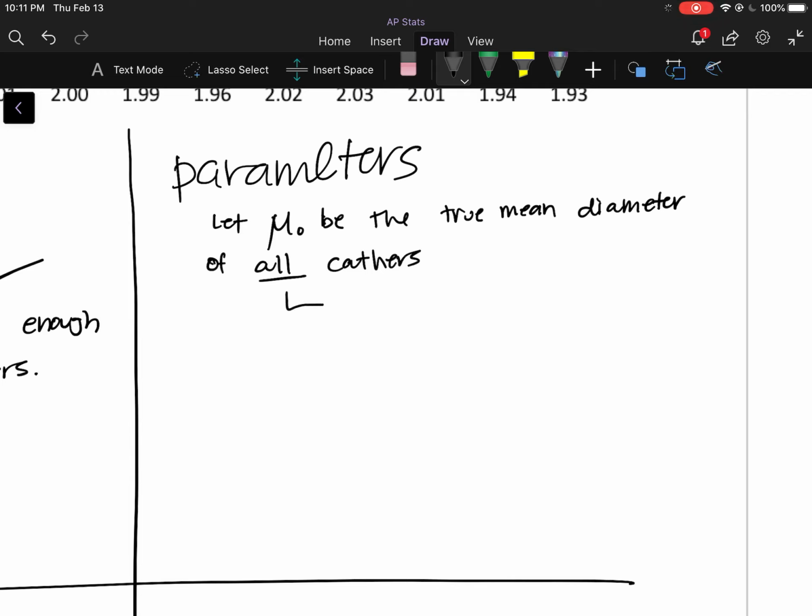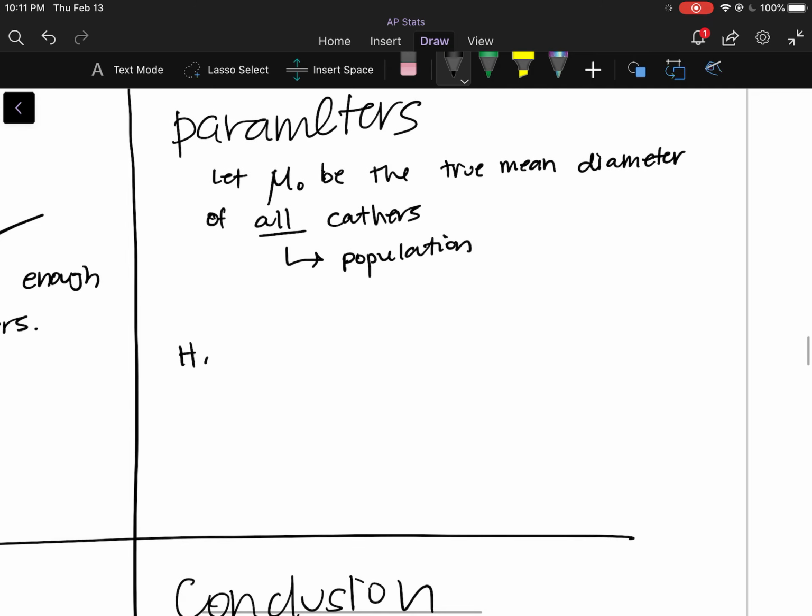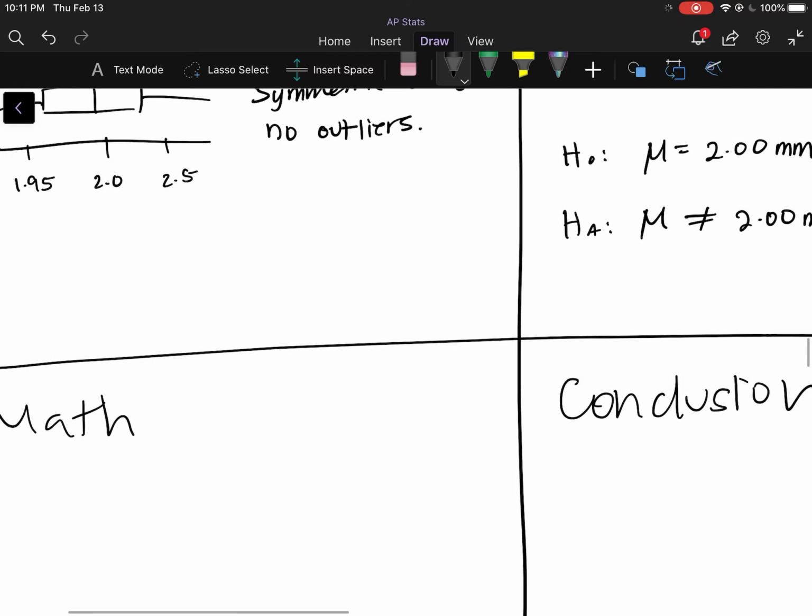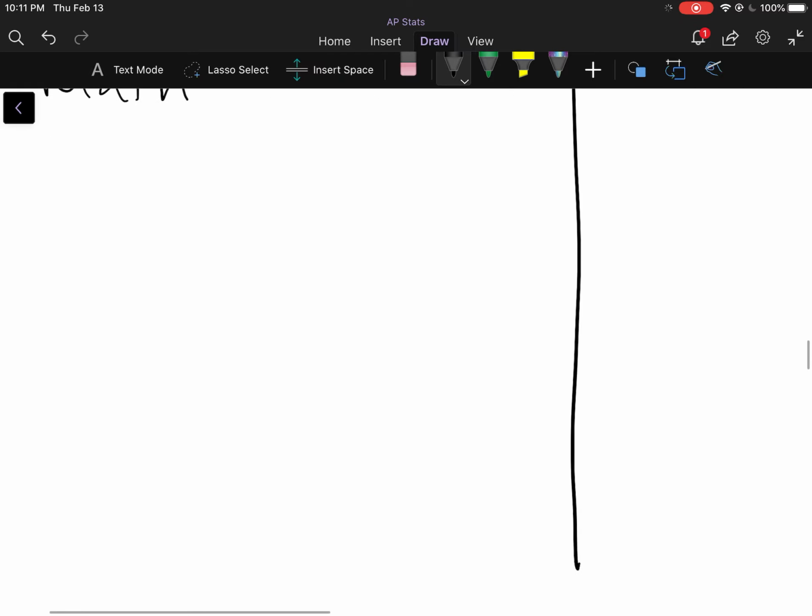Okay, and we're saying all here because this is the population. H0, our null hypothesis, is mu is equal to 2 millimeters. And Ha, the claim that we're trying to make, the alternative hypothesis, is that mu is not equal to 2.00 millimeters.